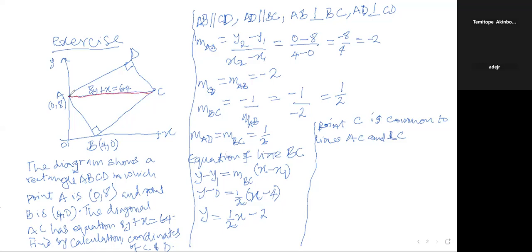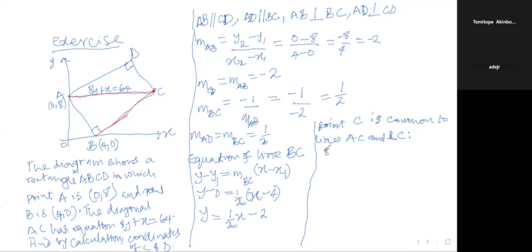You can see that the examiner has given us the equation of line AC. So this point is common to both of them. So I will now solve the equation of line AC given and the equation of line BC that we have found ourselves simultaneously. Is that clear? We'll solve that simultaneously.